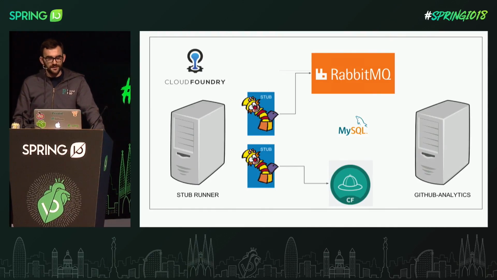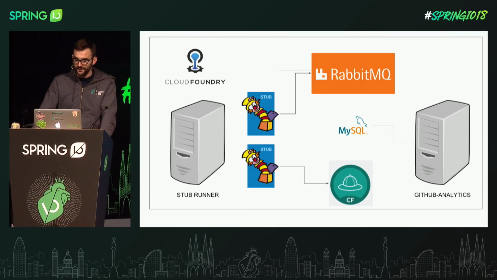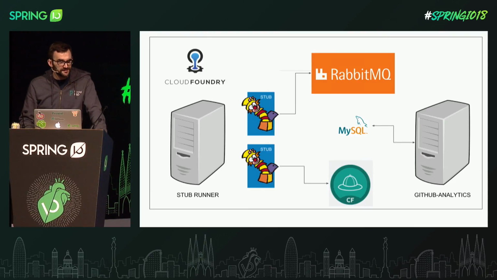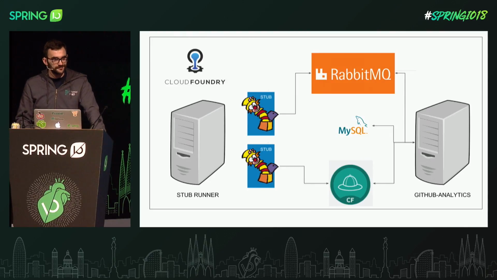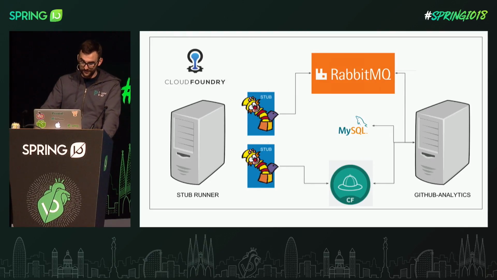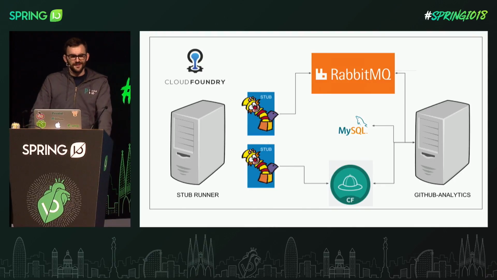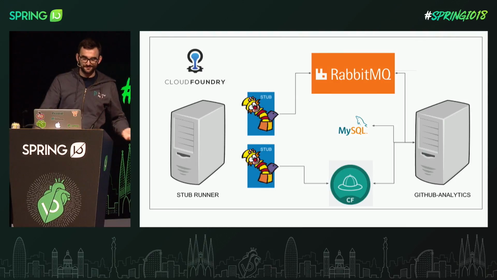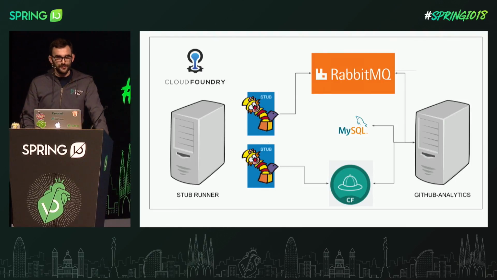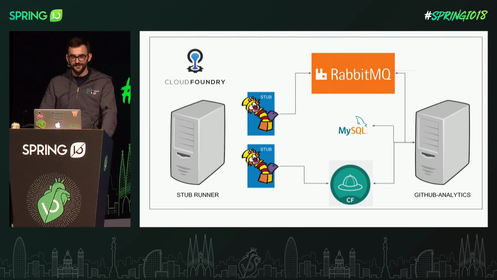Then we deploy GitHub Analytics. GitHub Analytics connects to MySQL and upgrades the schema, and then for the tests, it can talk to Eureka, like Spring Cloud services, or the Rabbit, as if the producer was there, but it's really not, because it's a stub. So our app is completely surrounded with stubs, and our app doesn't even know about this.